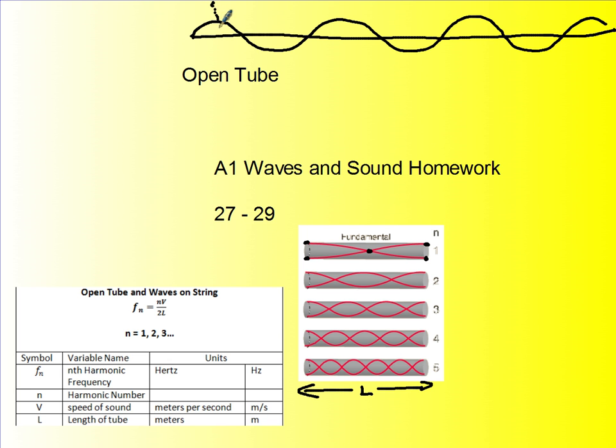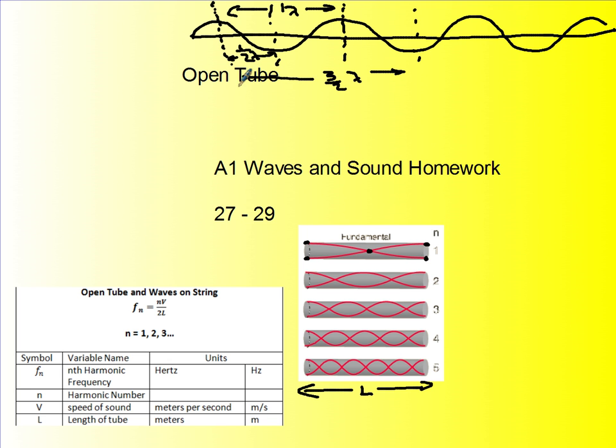This is the fundamental for an open tube. So this is half of a wavelength. This right here is one wavelength. All right, where this is a half. All right, this is 3/2 of a wavelength.